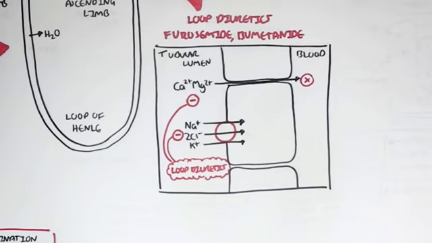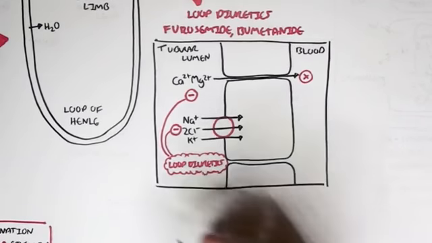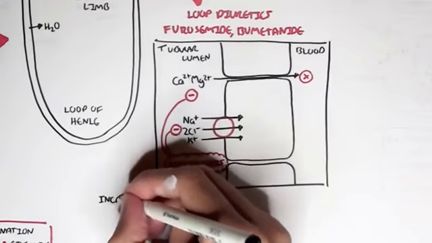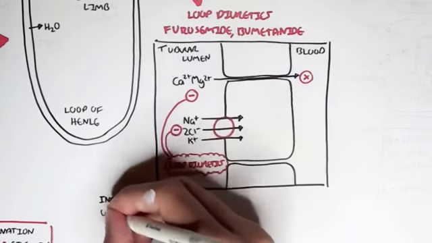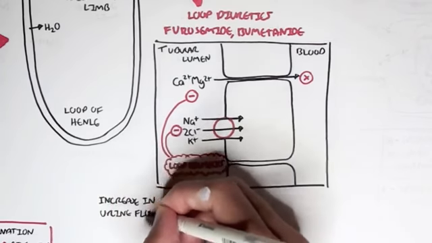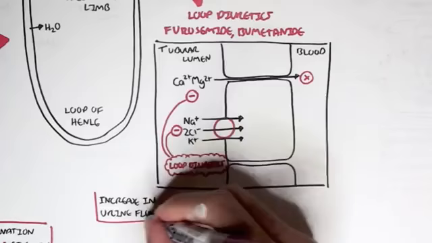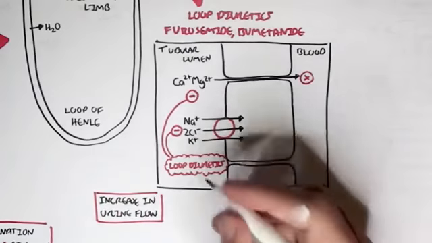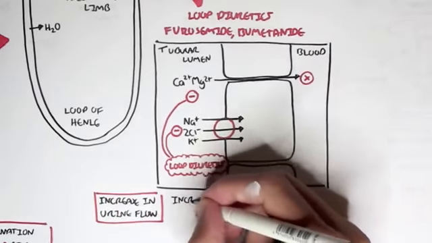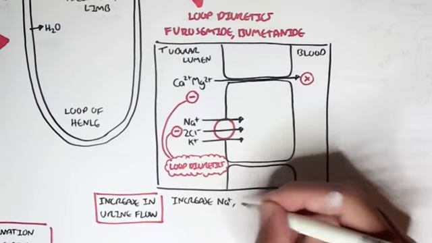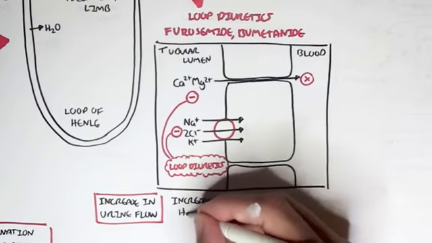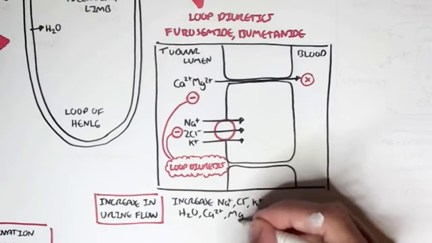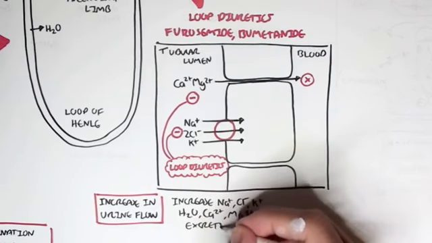So loop diuretics essentially prevent the reabsorption of sodium, which therefore prevents the reabsorption of water, which therefore will decrease blood pressure. Some information: loop diuretics will increase the urine flow because they prevent the reabsorption of all these things. They increase sodium, chloride, potassium, water, calcium, and magnesium excretion in the nephron.